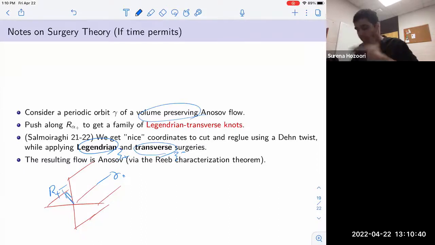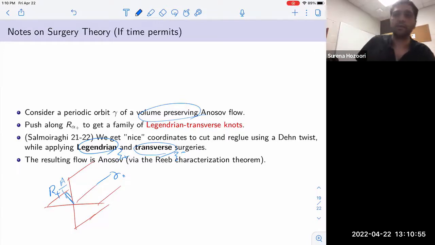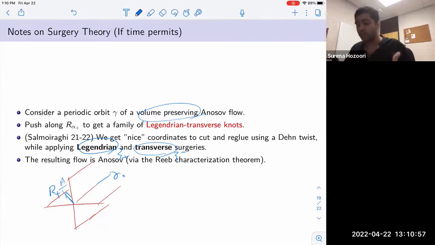And you get basically an annulus, and on this annulus, Federico shows that we can get very nice coordinates, which helps us apply the contact geometric surgery theory in this context. So we do a Legendrian surgery for one of the contact structures and a transverse one for the other.